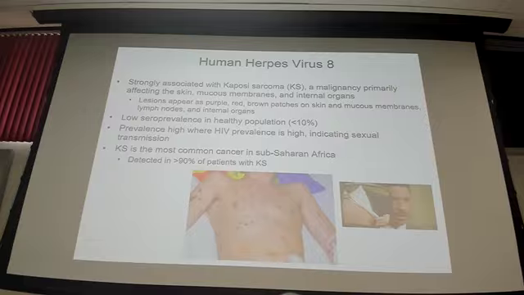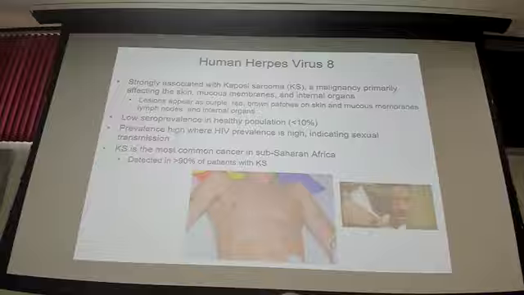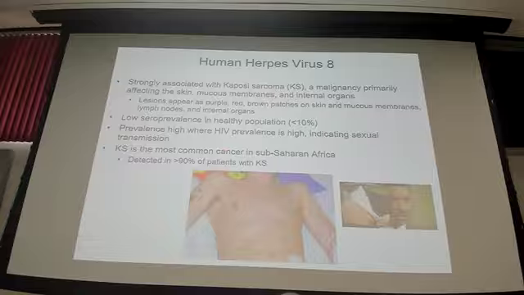I mentioned that there was a geographic bent to this virus, and that's its association with causing skin cancers in sub-Saharan Africa, where it is the most common cause of cancer. That tops ovarian cancer, which is really saying something. This virus is detected in over 90% of people who have Kaposi sarcoma. So a very, very strong link in its ability as a DNA virus to cause cancer, particularly this type of cancer.